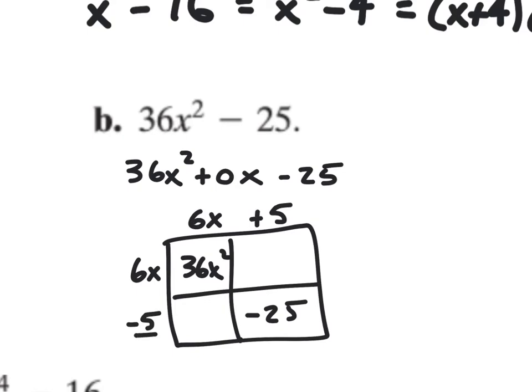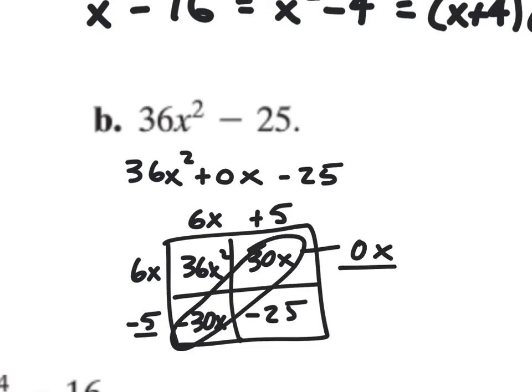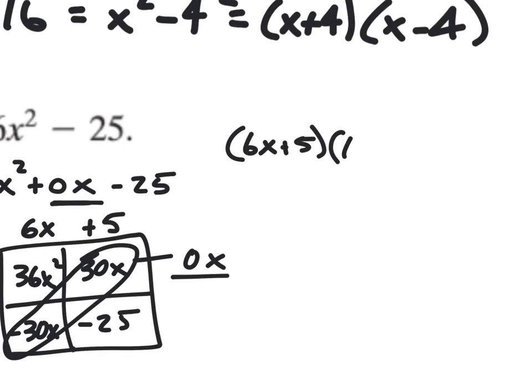Negative 5 times 6x gives me negative 30x. Negative 6x times positive 5 gives me 30x. Okay, so when I add these together, it's going to add to 0x, and that's what we're looking for. So this factors to 6x plus 5 times 6x minus 5. All right, and that's your answer.